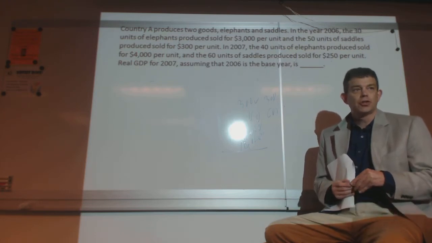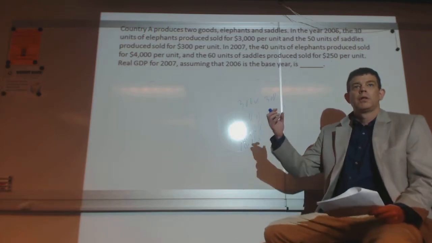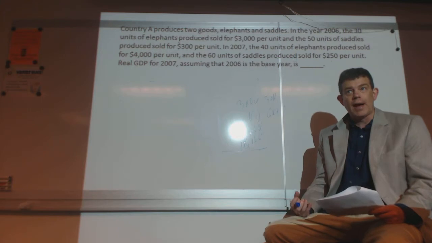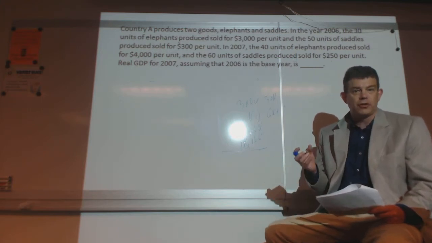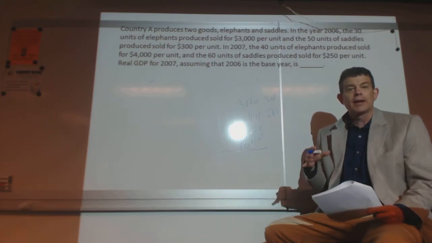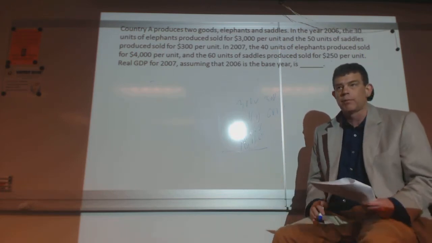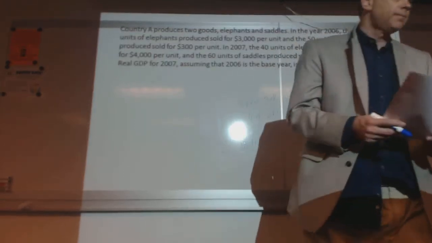It's just like the fish and chips one we did. You substitute the new production figures for the year you're trying to figure out, but you keep the prices from your base year. Again, that automatically figures in and calculates the inflation for you, or the deflation, whatever it may be, okay? Now here's the last problem on the test.